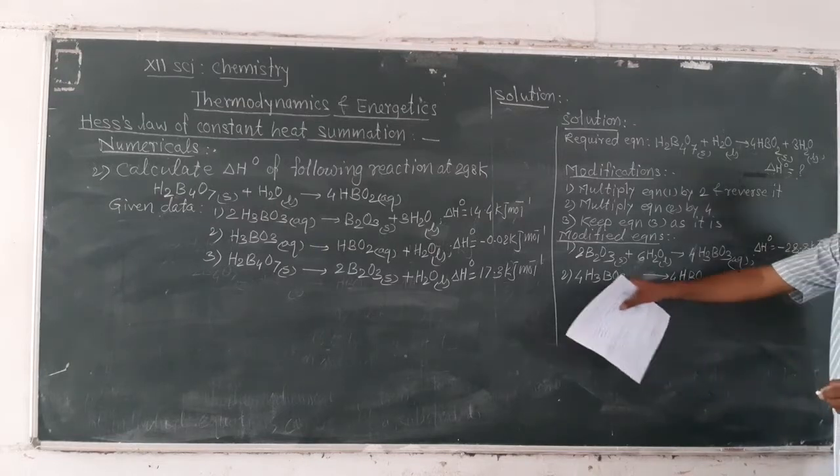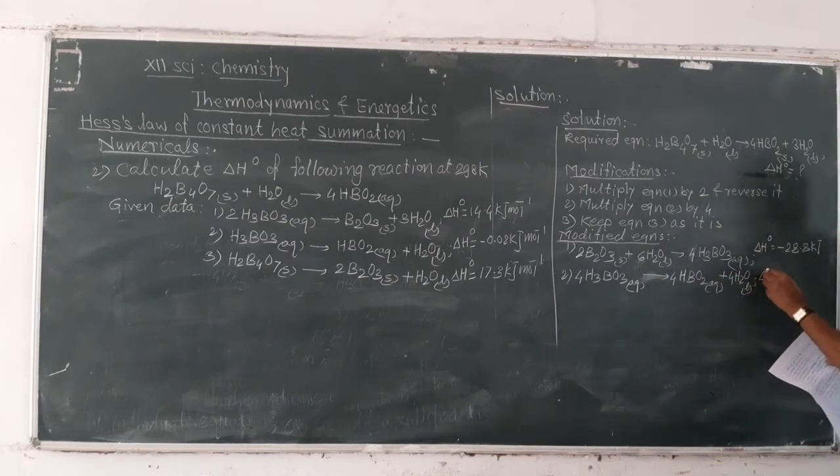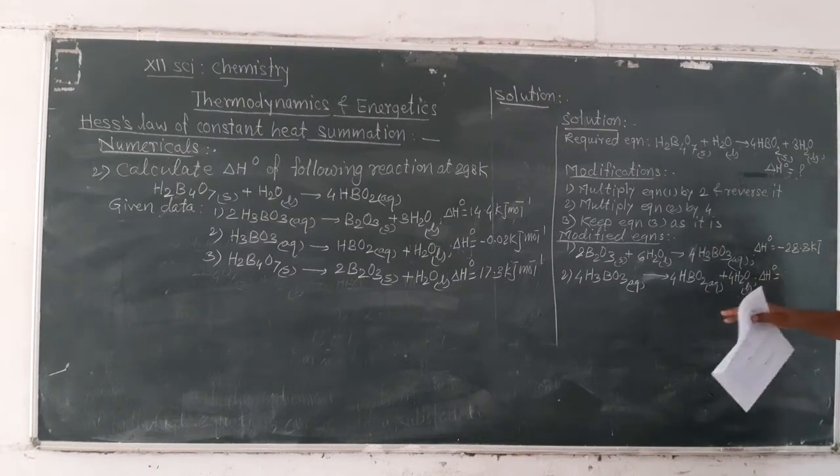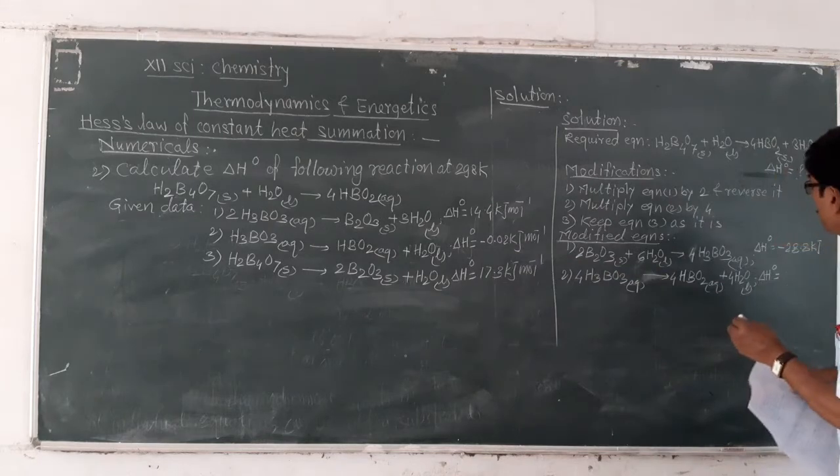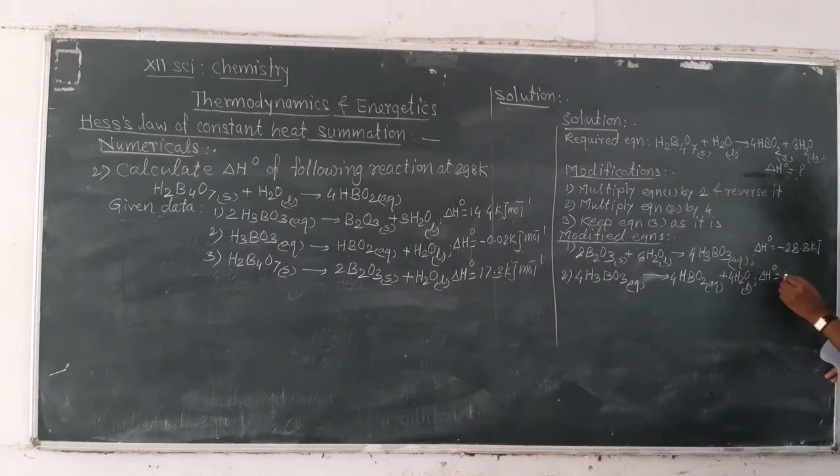This is the modified second equation. And for the enthalpy change, again we have to multiply this value by 4. On multiplication you get minus 0.08 kilojoule.